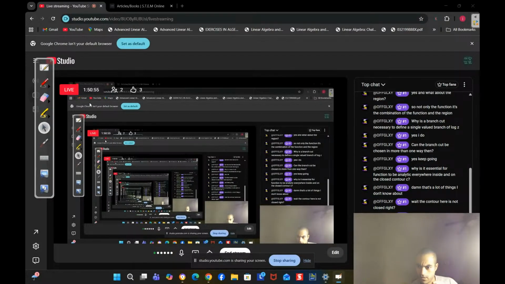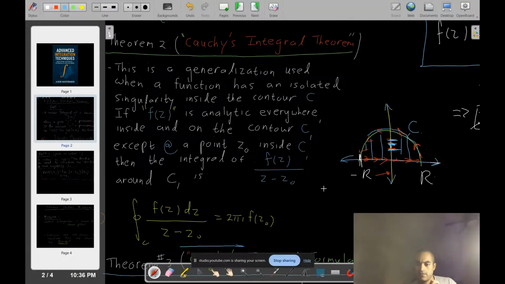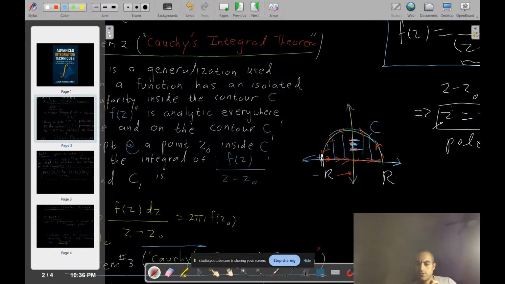So look, the closed contour must start and end at the same point. And that's why I said it's closed, right? Because of this closed contour here, what you do is you go from minus R to R on the real axis, and then you circle back here.